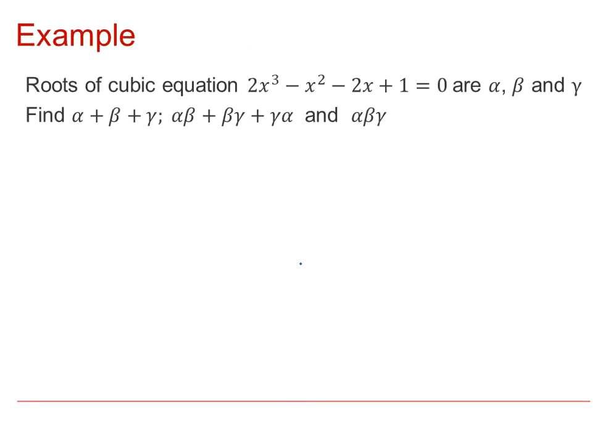So if we look at this cubic equation, 2x cubed minus x squared minus 2x plus 1 equals 0, if it has the roots alpha and beta and gamma, can we find the sum of the roots, the sum of the pairs, and the product?